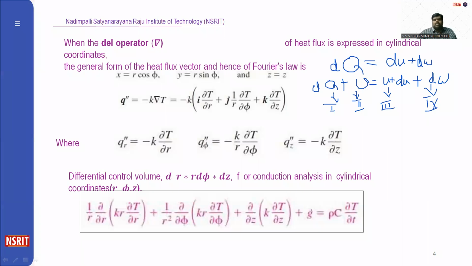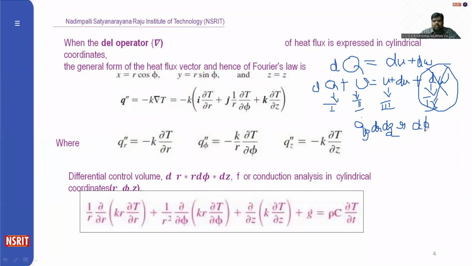As we are considering a small cylindrical element, the net work done will be 0, so you can eliminate this. You all know that the internal energy generated within the system is assumed to be some q dot with respect to its volume, that is dr dz r d phi.